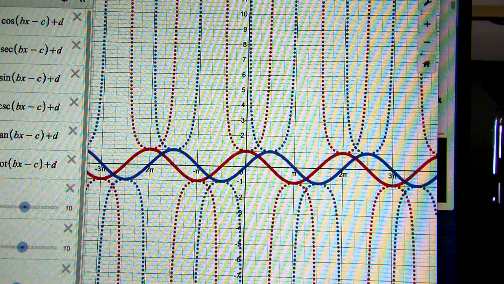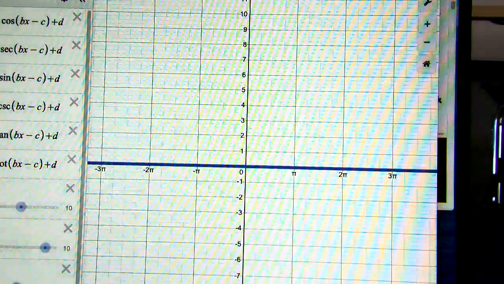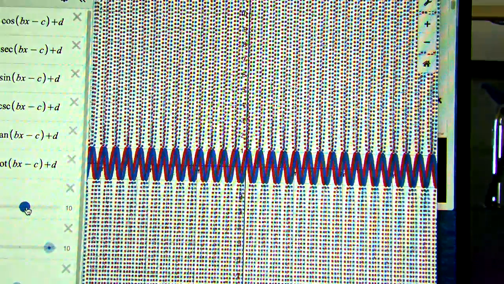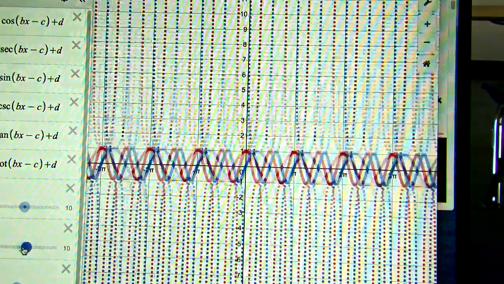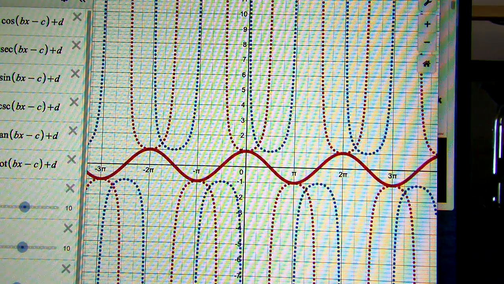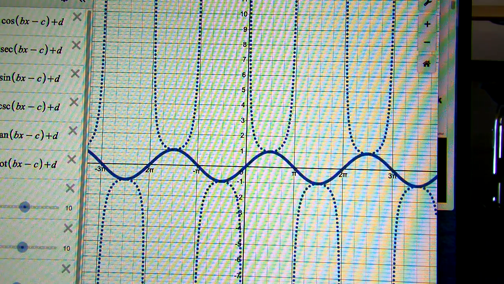It's the same thing, right? We can even do this and make it go crazy. Oh wow. Okay, stop. So this is the same process we're going to do when we look at secant and cosine the next session.